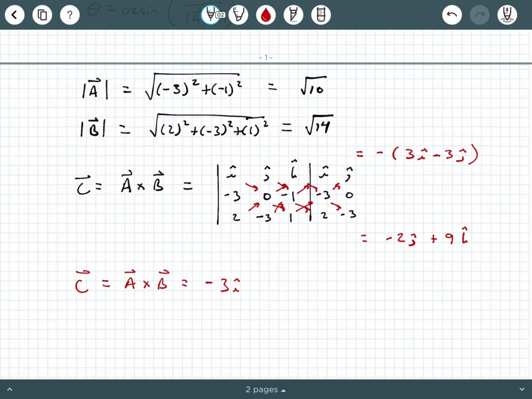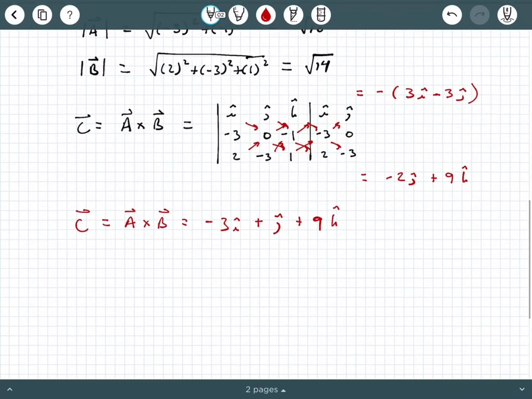We get -2j plus 3j is plus 1j. And then we're going to have 9k plus 9k. There we go. I accidentally almost added a k and a j component together. That would have been a disaster.